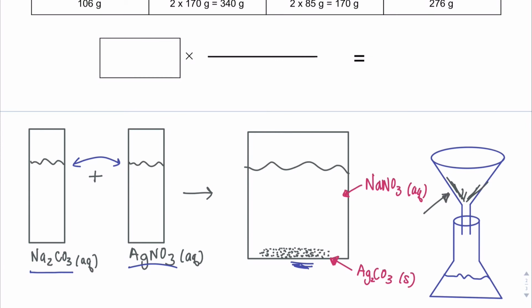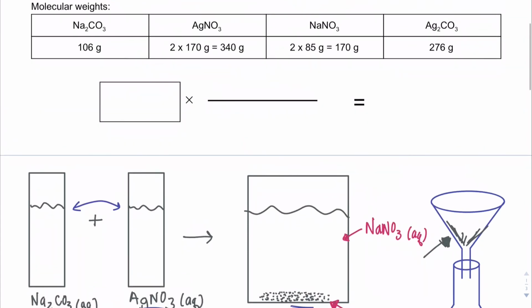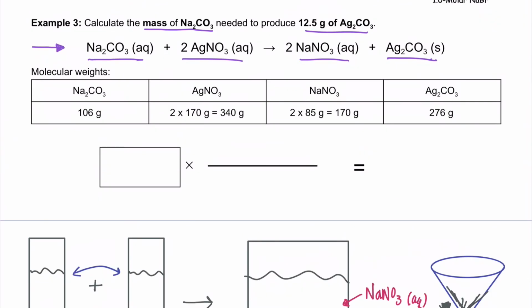That means you can take the silver out of solution and it becomes something that you can use. Problems like these are really important when you're doing labs because it can help you use accurate amounts of reactants to produce a desired amount of product.